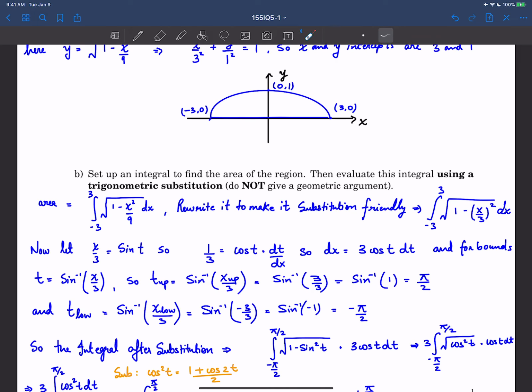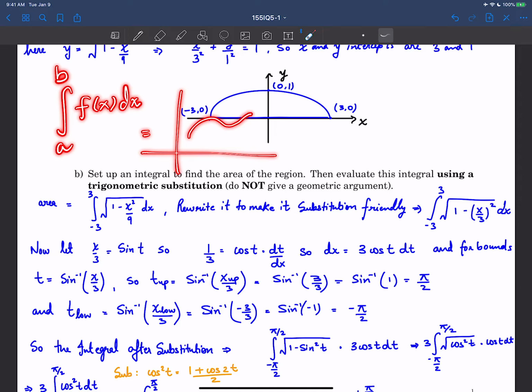First of all, we have to find an integral that represents this area. If you take an integral of f of x, some function, from some a to b, this is equivalent to taking the area under the graph of f of x from a to b. That's the basic idea.